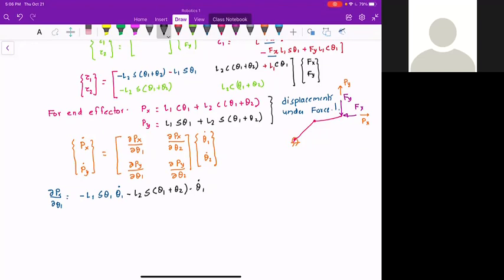Since we have one more variable, this becomes minus L2 sine theta 1 plus theta 2 dot.